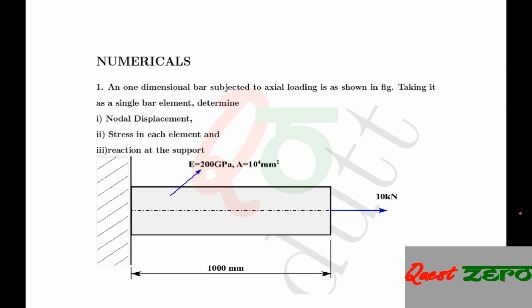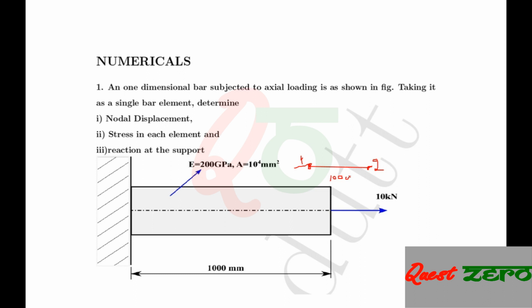So how do I model this? I will draw a linear element. This end will represent one node and this end the other node. If I call this node 1 and this node 2, then the length is already given as 1000.